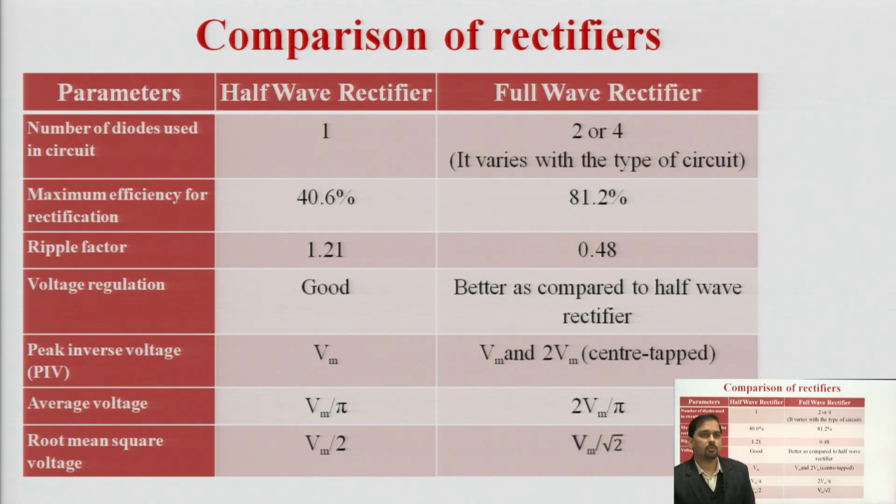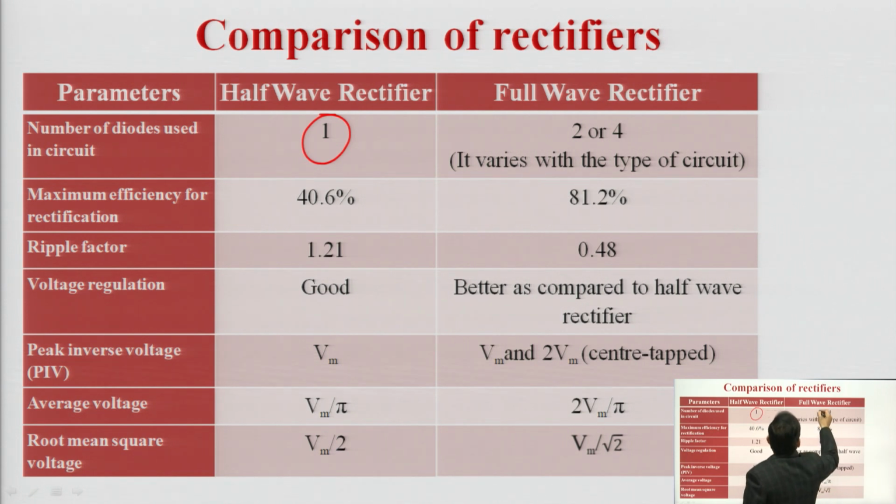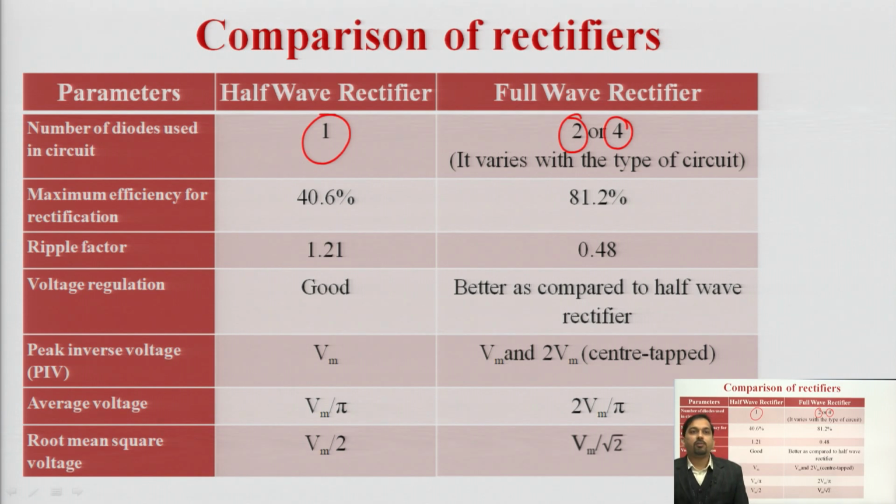Here is a small comparison between the half wave rectifier and the full wave rectifier. First, the number of diodes: only one diode is required for half wave, whereas for full wave it is 2 or 4, depending on whether we use the center tap or the bridge rectifier.